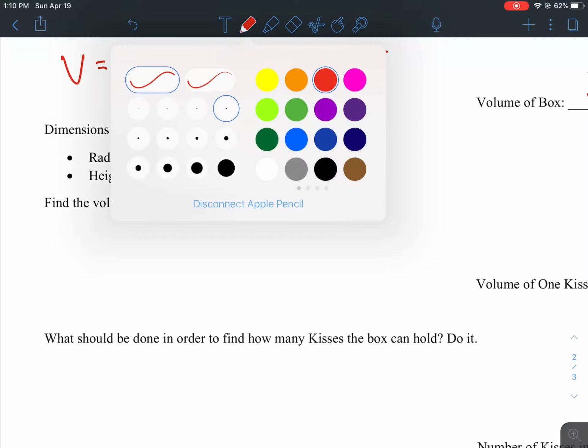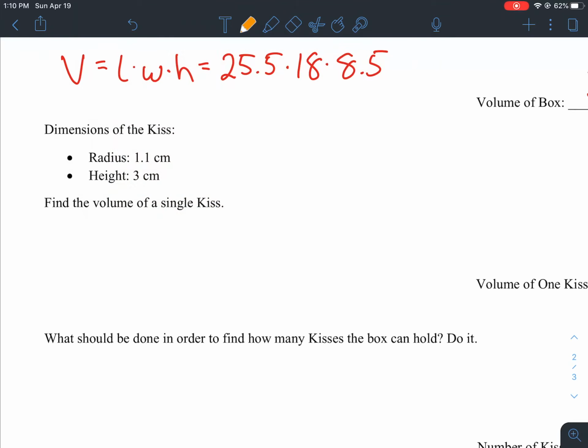So pieces of information we have that the radius is 1.1 centimeters. The height is 3 centimeters. Using the volume we just learned, find the volume of a single kiss. 1/3 times pi times the radius, 1.1 squared, times the height, 3.